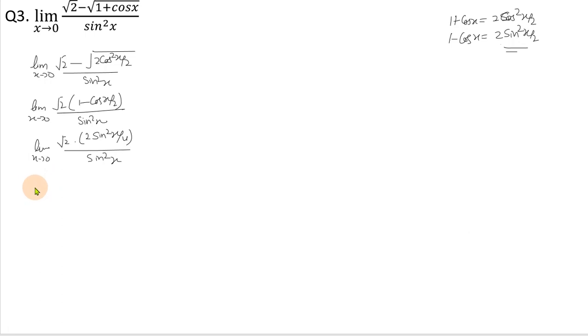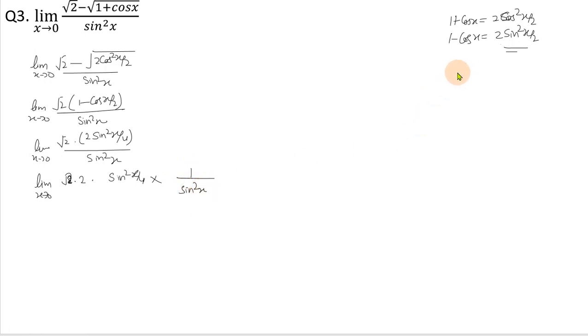Now limit x approaches to 0, so we write it as root 2 into 2, and this is sine square x by 4 into 1 upon sine square x.